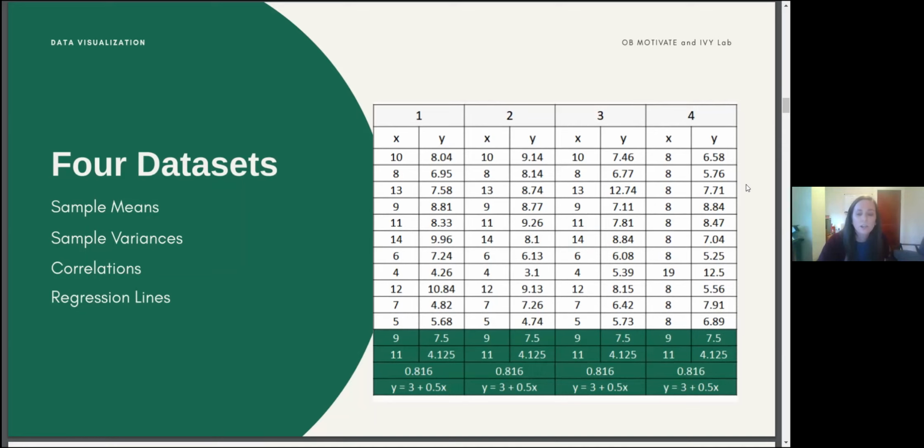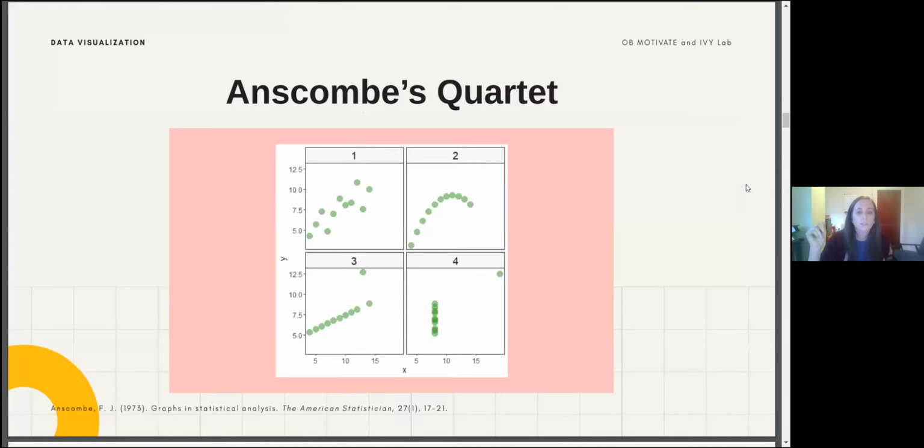Because if you look at your data, you would tell immediately that the relationship between X and Y is totally different across each of these 4 data sets, where the first one does look pretty linear, but 2 is obviously a nonlinear relationship. And 3 and 4 have both some terrible outliers that are affecting the lines of best fit, even though they do have the same linear regression line.